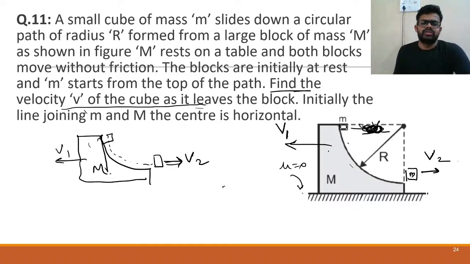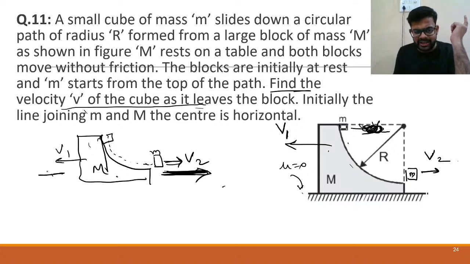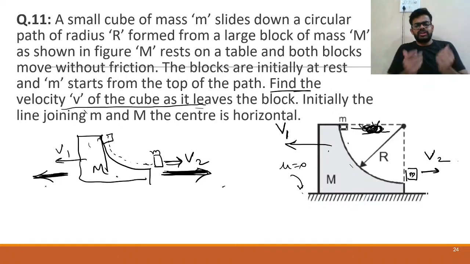Its mass is capital M, and this is small m. So what we need to do is observe what's going on. When this block leaves the big block, at that instant both the velocities are horizontal. This is moving rightward and this is moving leftward. Are you getting it? So both the blocks have velocities in horizontal directions only, right?